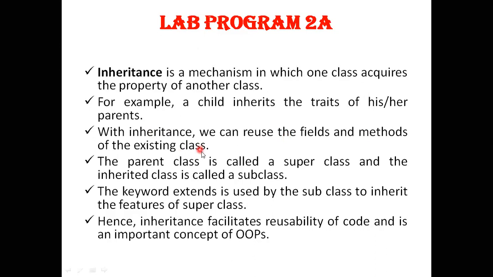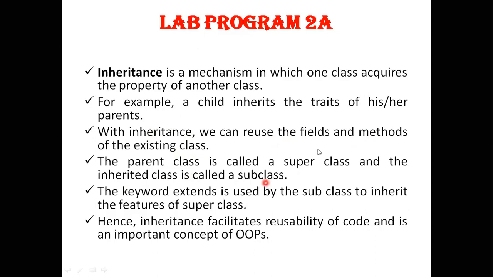That means the new class can use the fields, the members and the methods of the existing class. Here the parent class is called a superclass, the existing class which is already present, and the new class which you create, the inherited class or the child class, is called a subclass.